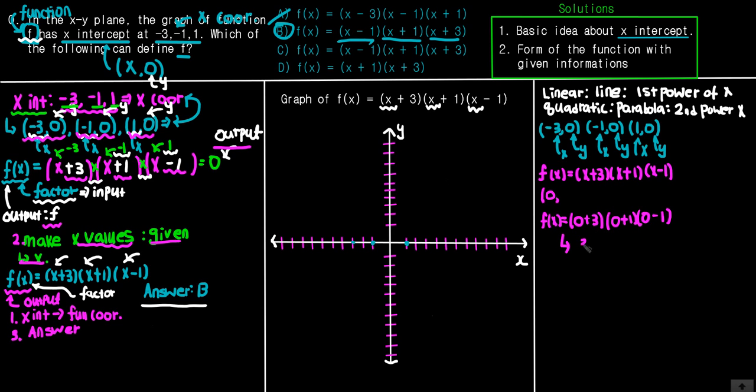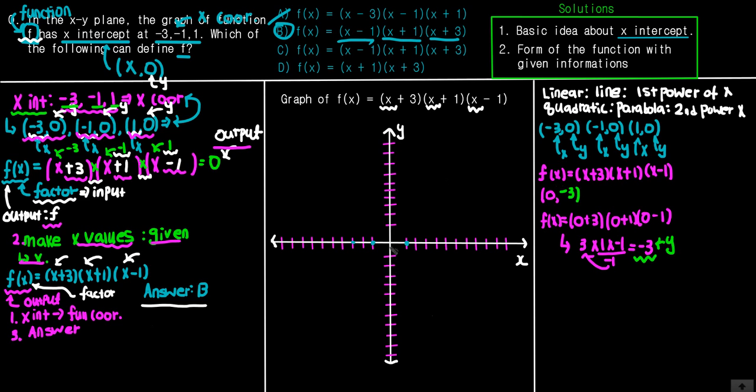Multiplying 3 times 1 times −1: 1 times −1 gives us −1, and then multiplying by 3 gives us −3. So when the x value is 0, the y value, the output of our function, is −3.